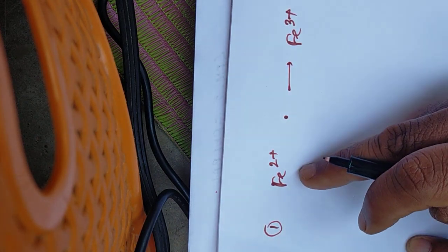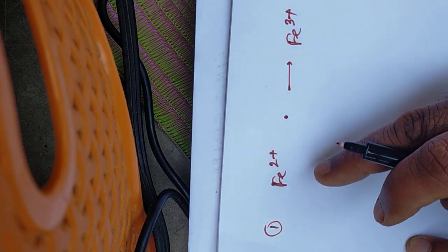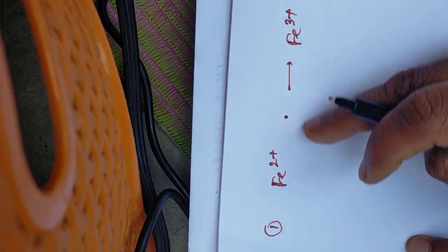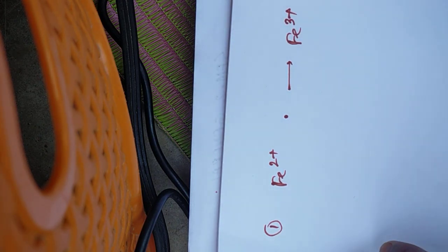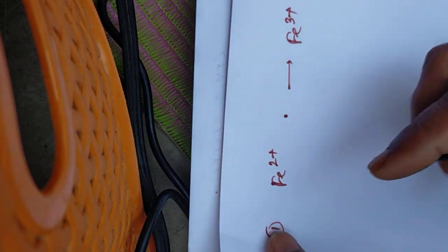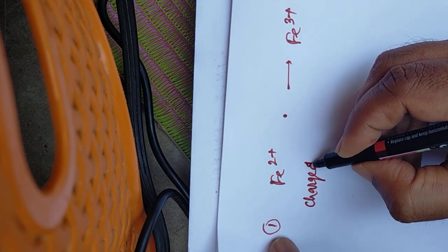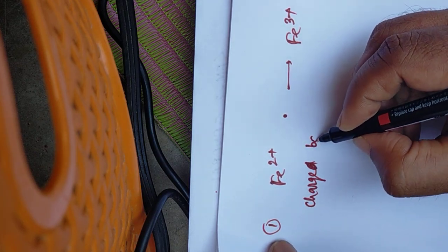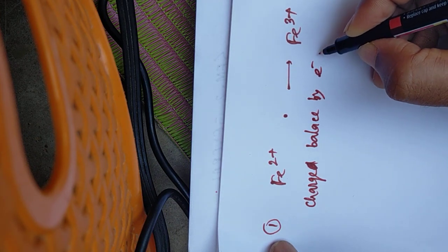Again, there is no difference of hydrogen atoms, so rule B is also not applicable. So the third rule, charge balance, charge balance by electron.